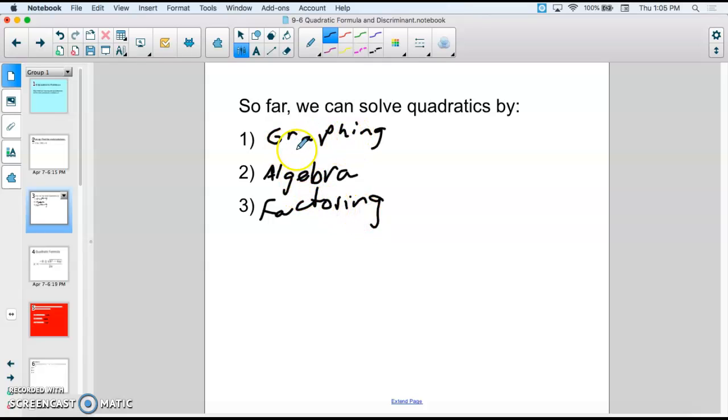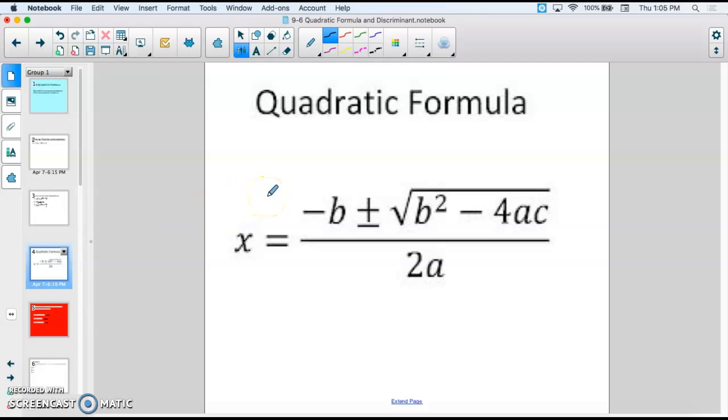You can always graph, but it's time consuming. Algebra only works for certain situations. Factoring only works for certain situations as well. And so that leaves us with the times where these don't work and graphing gives us a weird number, right? Because we won't always have nice, easy numbers.